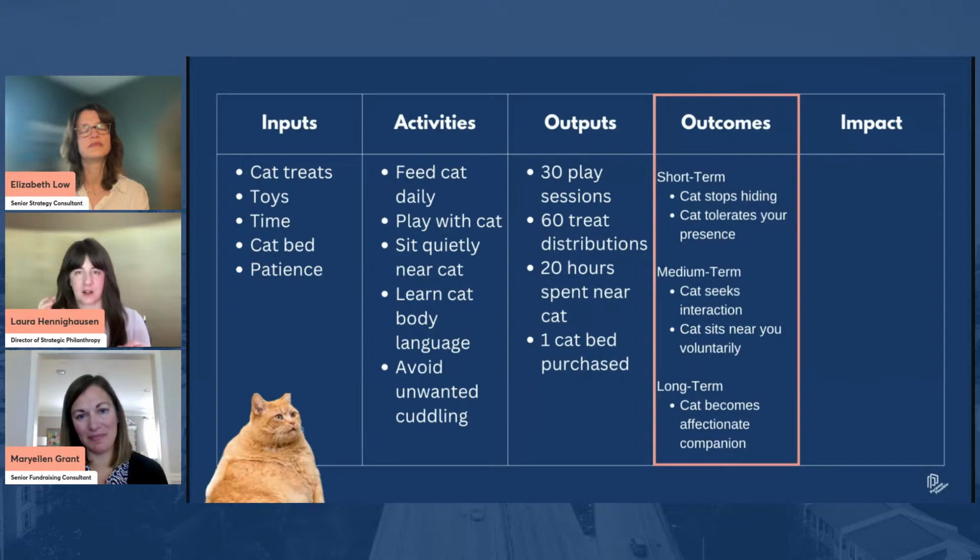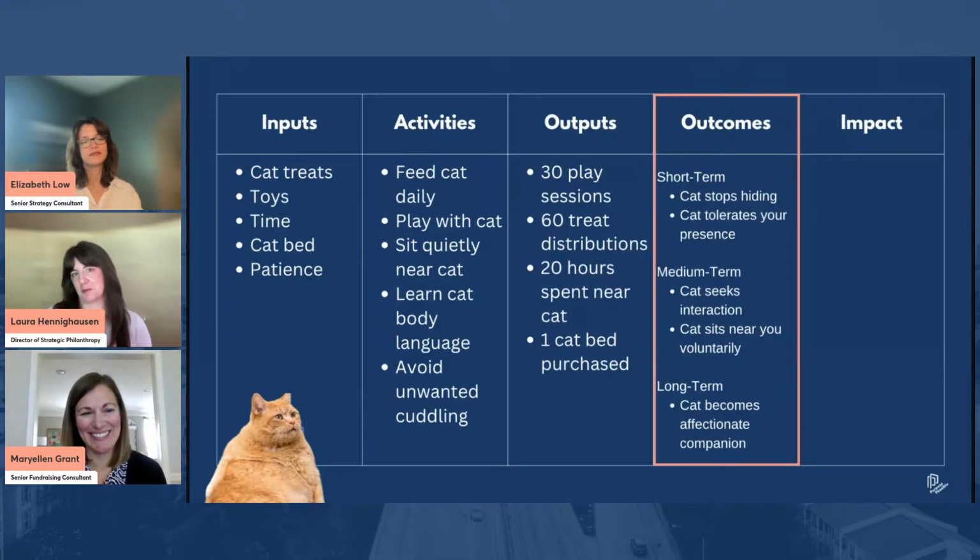These things are happening because we've done this with these inputs. So those are our short-term outcomes. Our medium-term outcomes, maybe things that are going to take longer, but are still going to be directly resulting because of our activities and outputs. The cat is going to start seeking interaction with us, maybe. The cat might sit near us voluntarily.